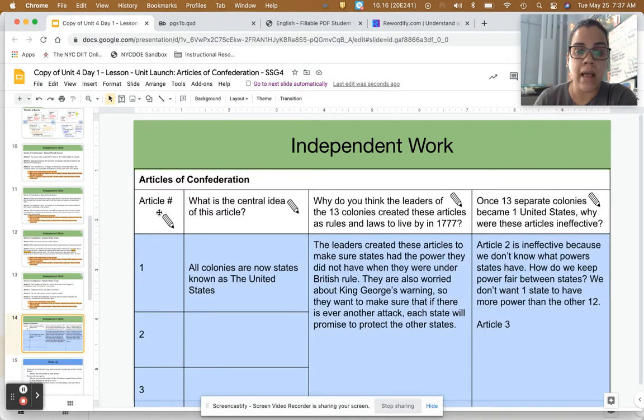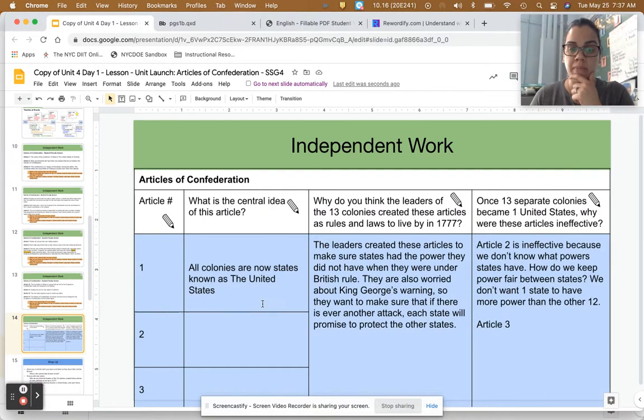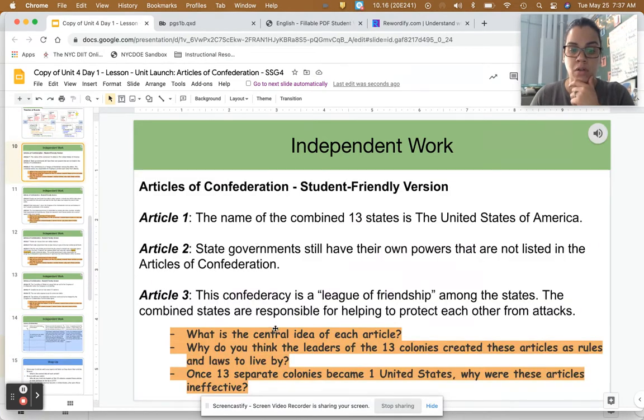Right? So notice how we read. First we read one article. We thought, what is the central idea of this article, right? What's the main idea of the article? We jotted our response on our Google Classroom slide. We will do the same for each article.